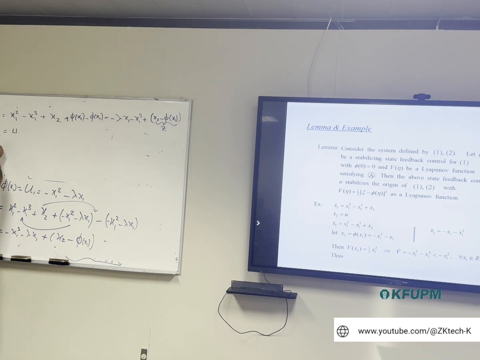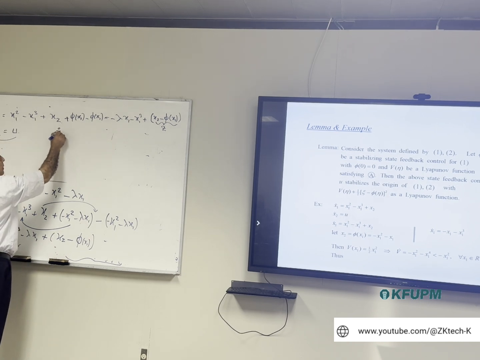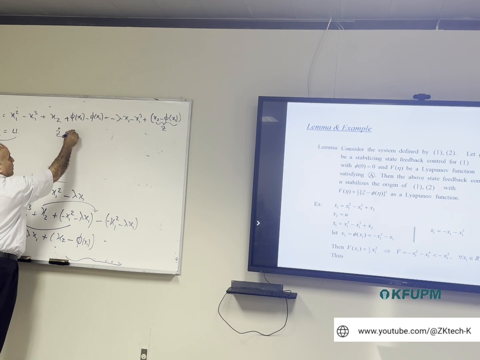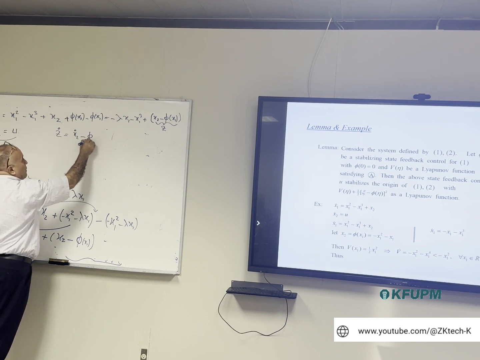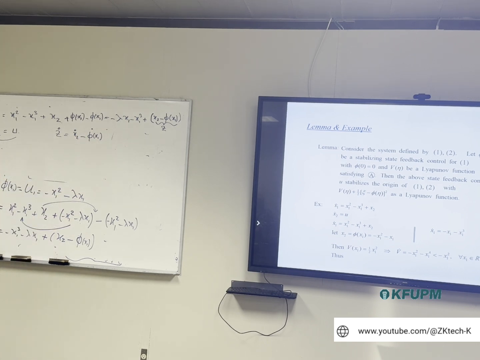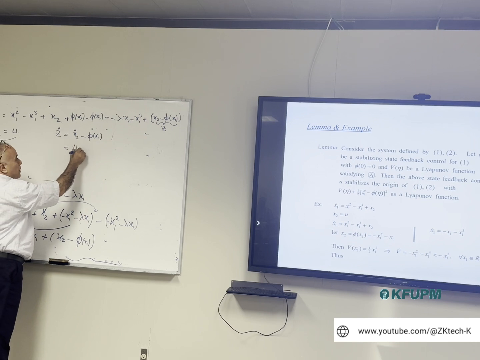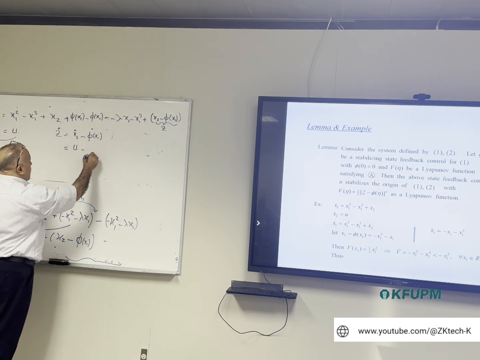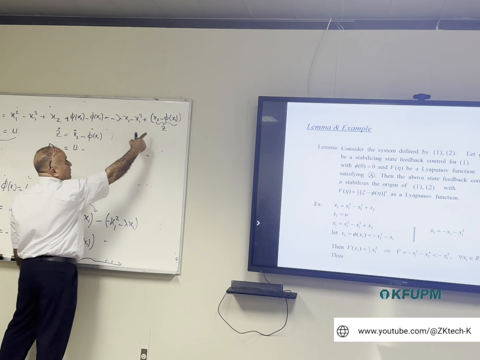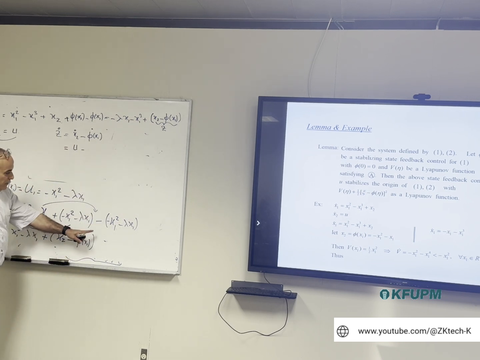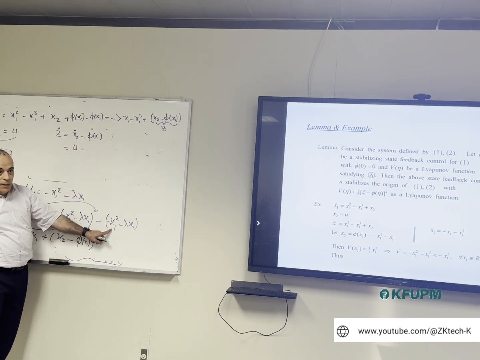So based on this equation, z prime is equal to x2 prime minus phi of x1 prime, the total derivative with respect to time. This will be equal to u minus phi prime. The derivative of phi is this value that we have here.